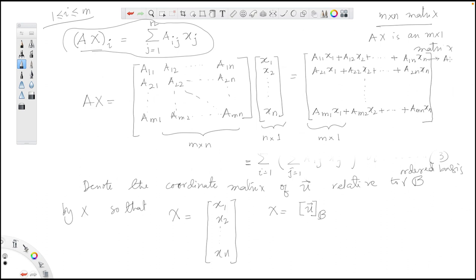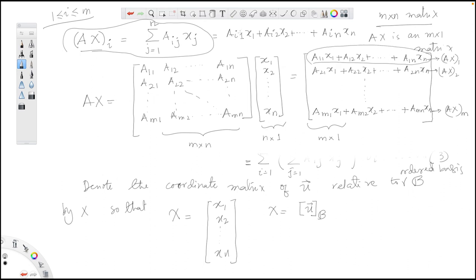The first entry is AX1, the second is AX2, and the final one is AXm. Now verify that it is indeed this expression: Ai1x1 plus Ai2x2 plus all the way up to Ain xn. This is indeed what we have here.